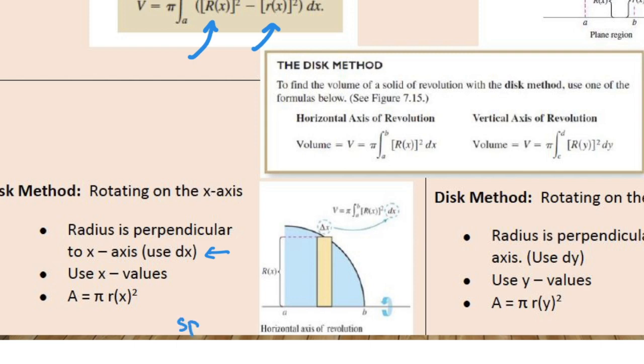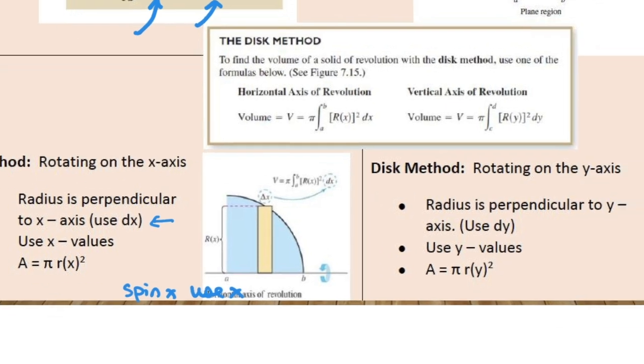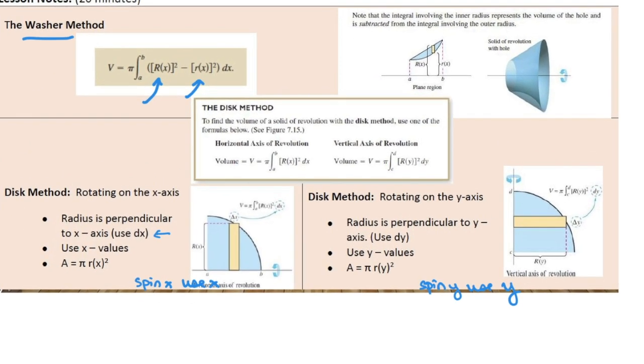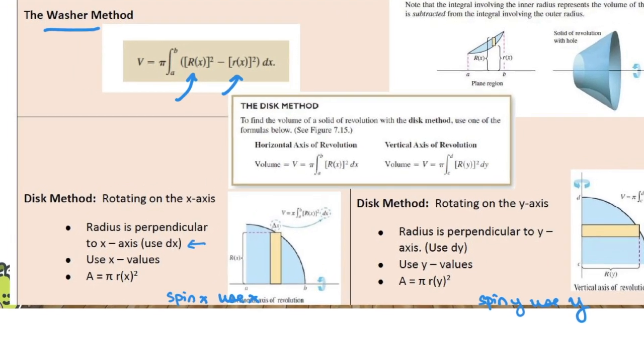So you're going to spin x, use x. And if you're spinning y, you're going to use y values. Spin y, use y. Now it's important to make certain you understand how this is working, because we have a different method to use next class.